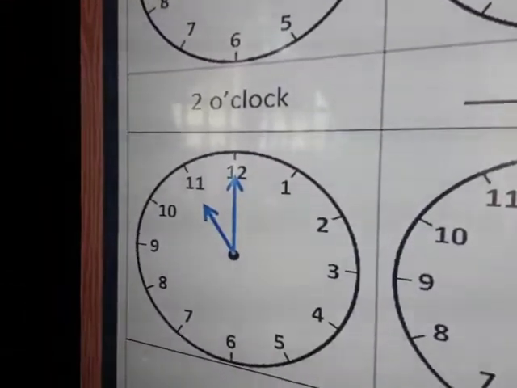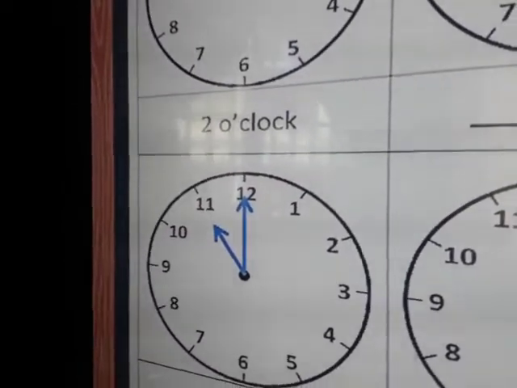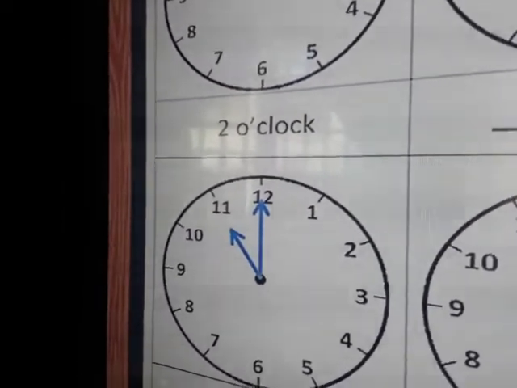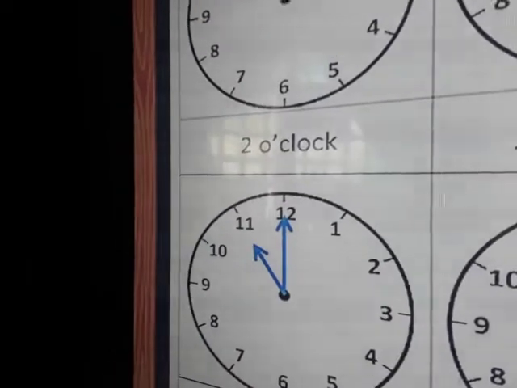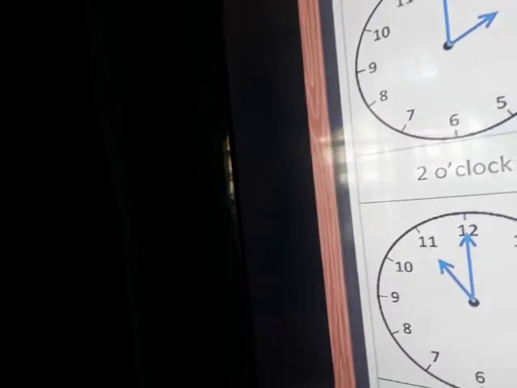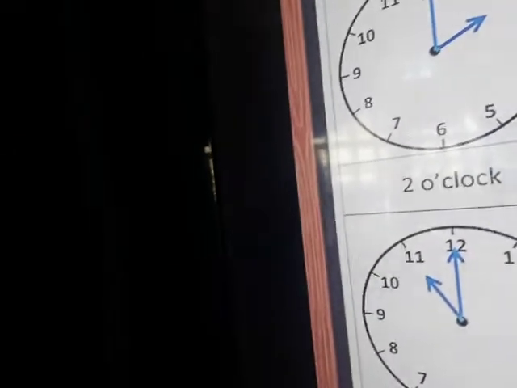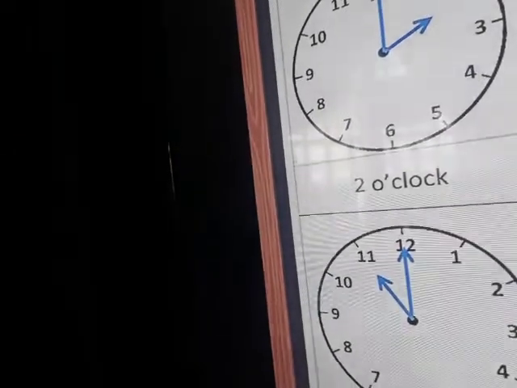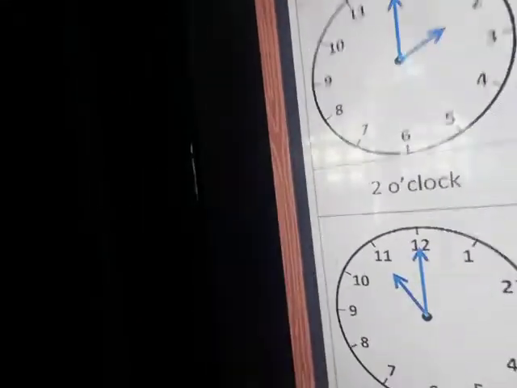If the short hand pointing to 11 and the long hand pointing to 12, what time is it? 11 o'clock.